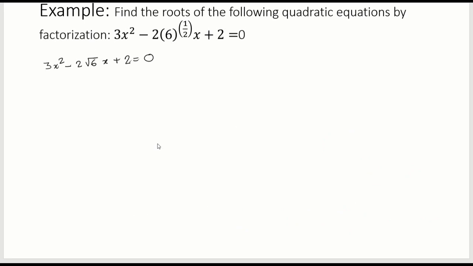What I would suggest you guys do is pause the video and use the same technique that we discussed in the previous slides, the method of factorization: how we factorized an expression, turned it into a product of two other expressions, equated each expression to 0, and then found the value of x.